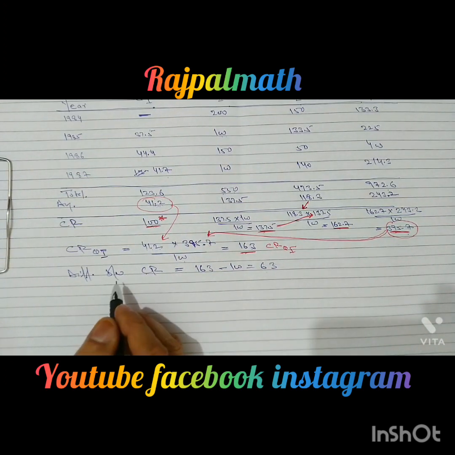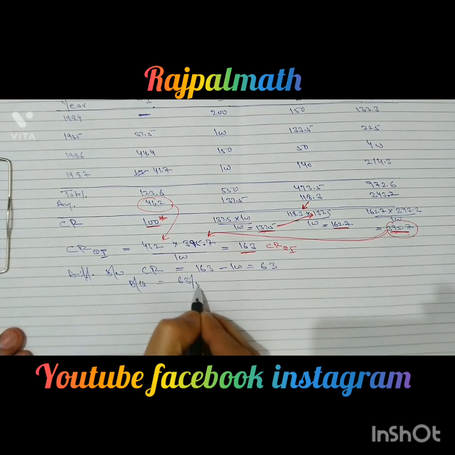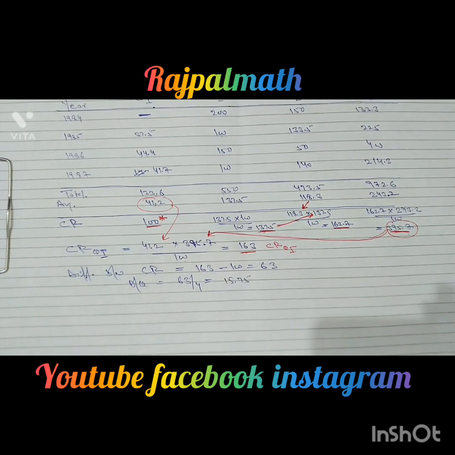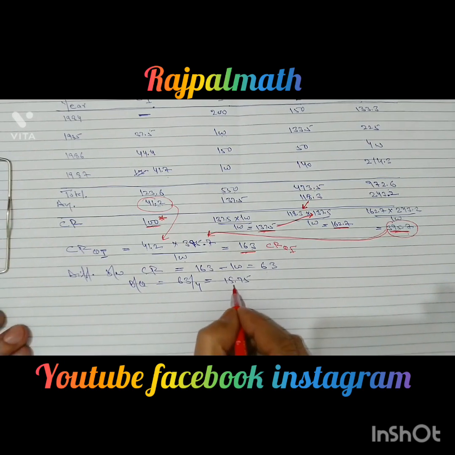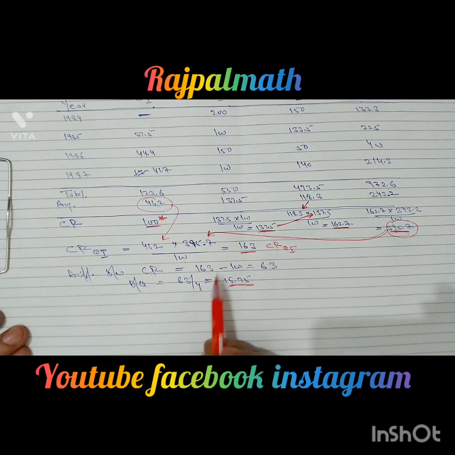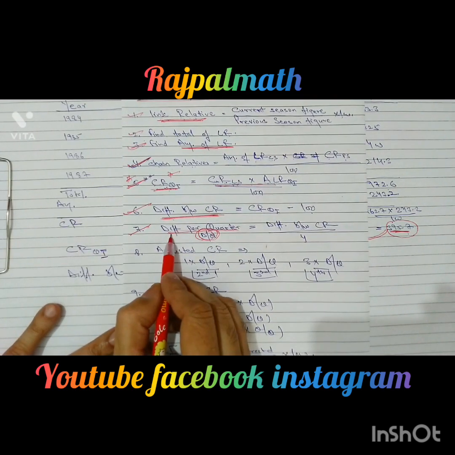Now 63 divided by 4 is the difference per quarter, which comes out to be 15.75. The difference between CRs is 63; per quarter means divided by 4. In a year there are 4 quarters, therefore 63 divided by 4 is 15.75, which is our step number 7.